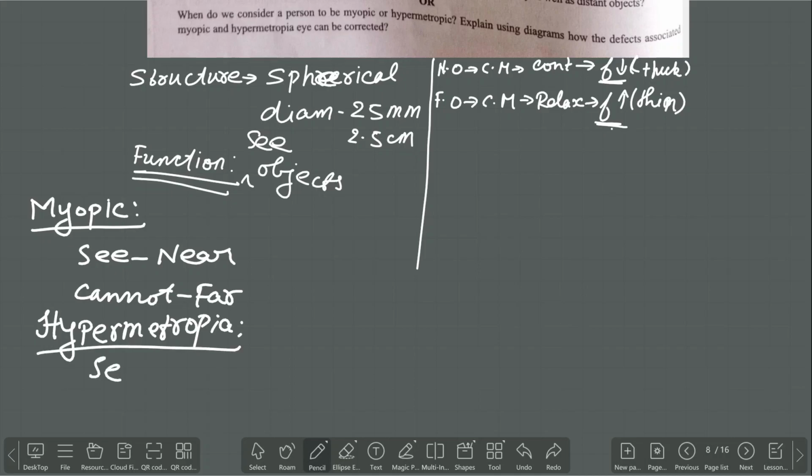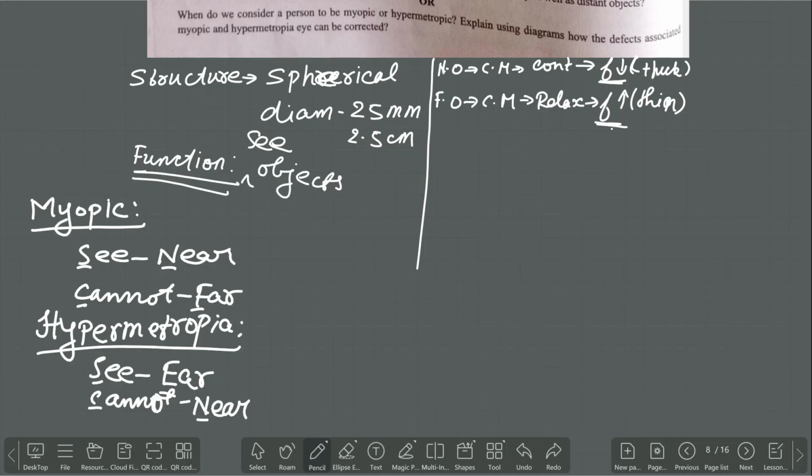They can see far away objects but cannot see nearby objects. Clear? So this is how we are going to confirm whether a person is suffering from myopia or hypermetropia. Myopia means they can see the nearby object but cannot see the far away object. Hypermetropia means they can see the far away object but they cannot see the nearby object.